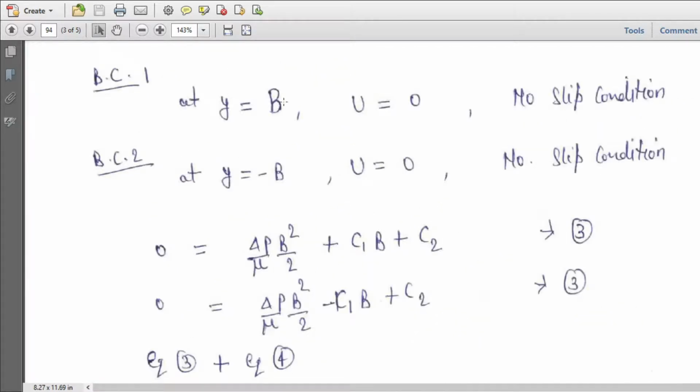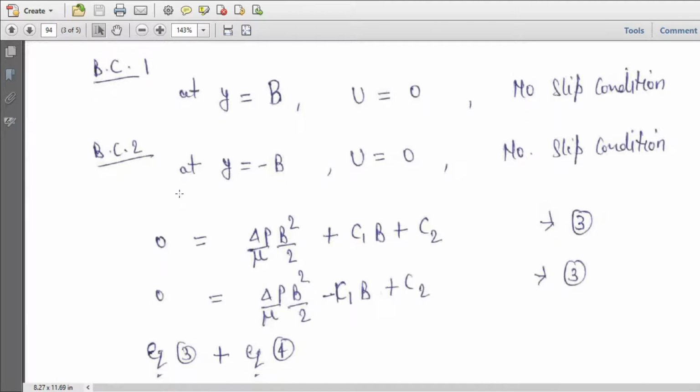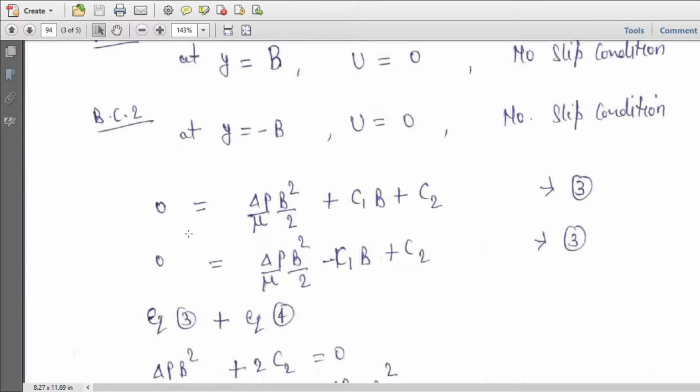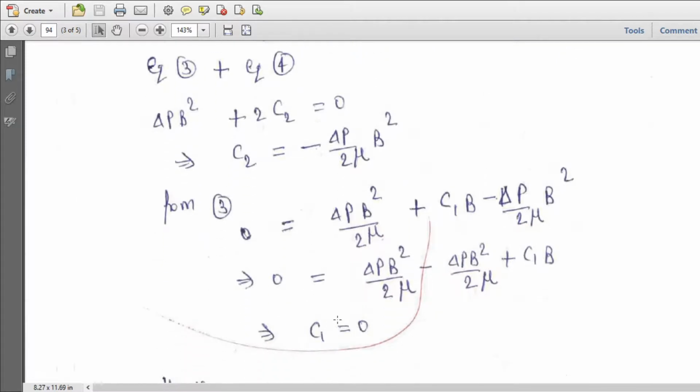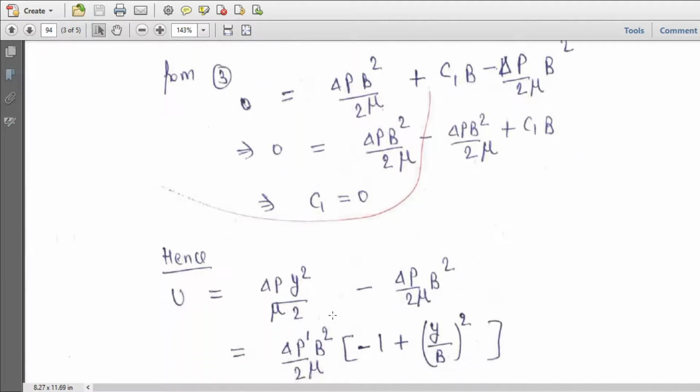Now the boundary conditions: at y equal to plus and minus b, velocity equals 0, the no slip condition, so we can apply that. At y equal to plus b, one equation is this one, and at minus b, another. Adding both equations, we get the constant C2. C2 is minus delta P dash b square upon 2 mu, and then substituting C2 into equation 3, we get the constant C1, which comes out to be 0.